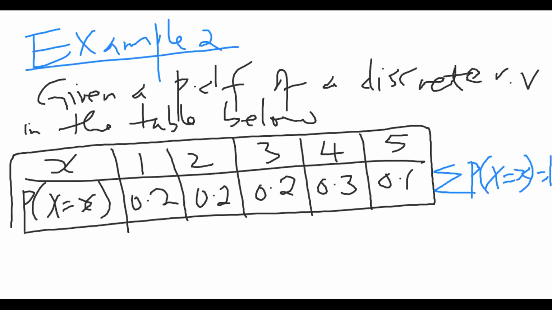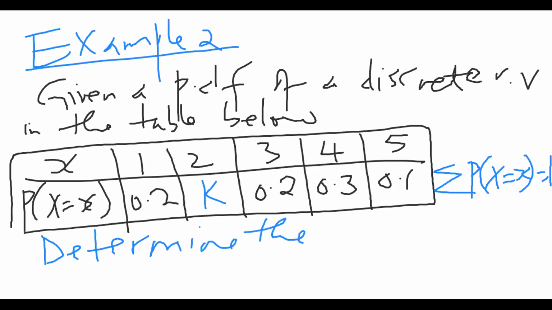Now, what I wanted us to do is to get the variance, the expectation, the standard deviation, and so on. But let me change the question a little bit, and I put here a K. So I will say: determine, part A, the value of K. Part B, find the expectation of x.